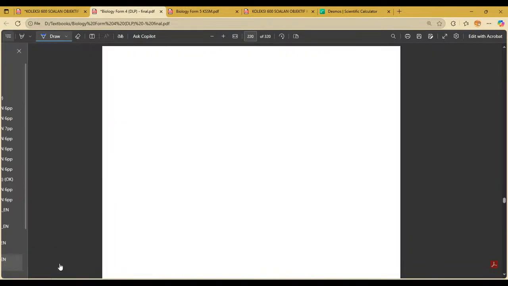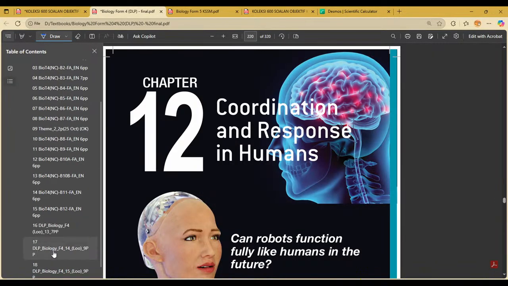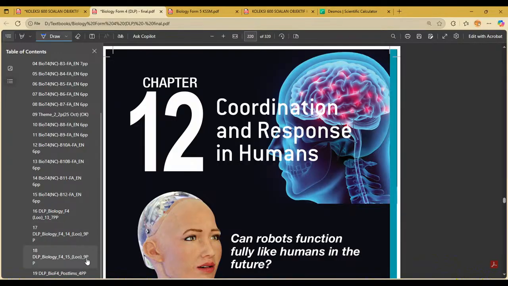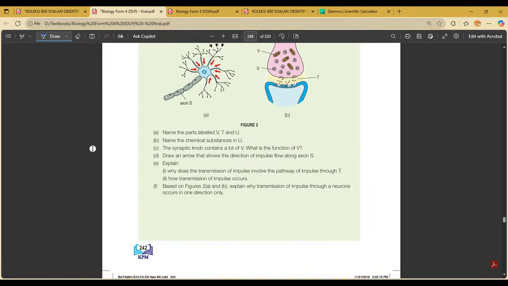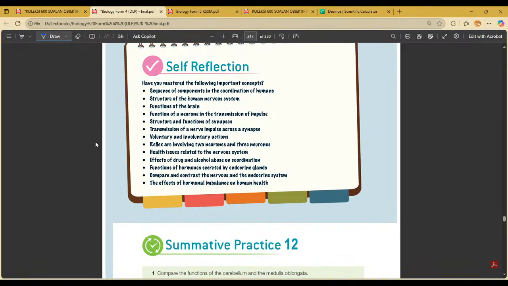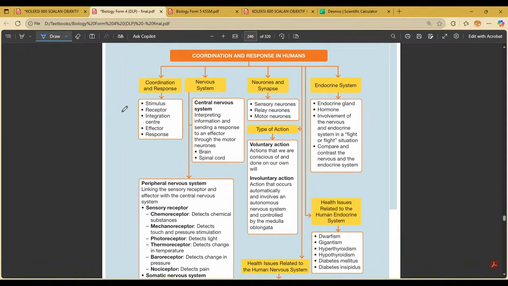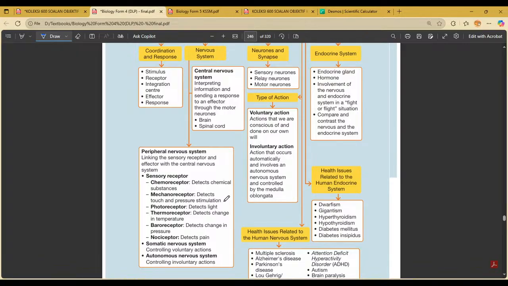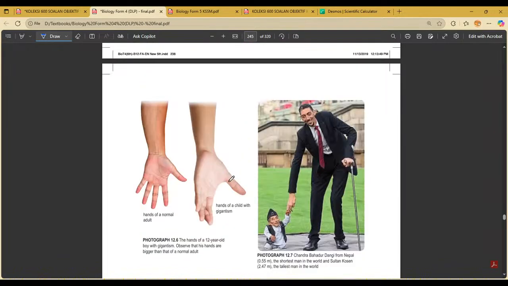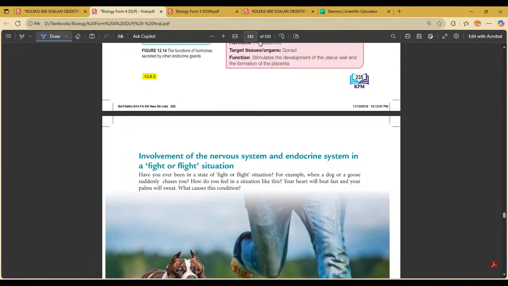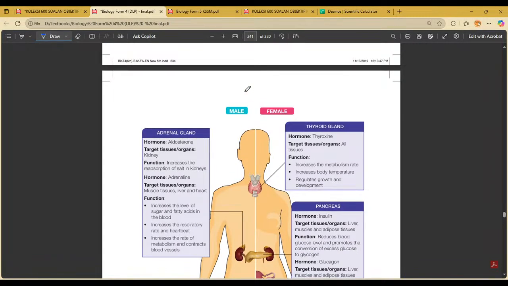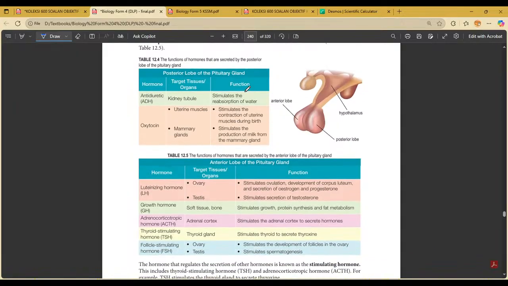Not sexual reproduction, not urinary system. Where's hormones? I forgot where hormone is: endocrine system. Yeah, here. Where's endocrine system? Ah, here it is.